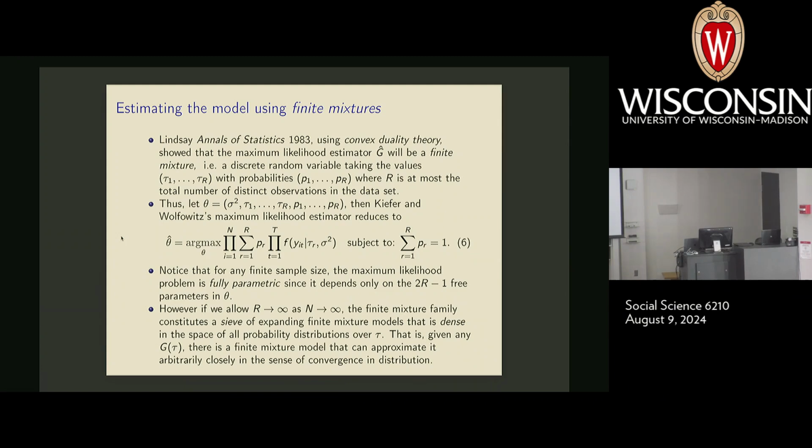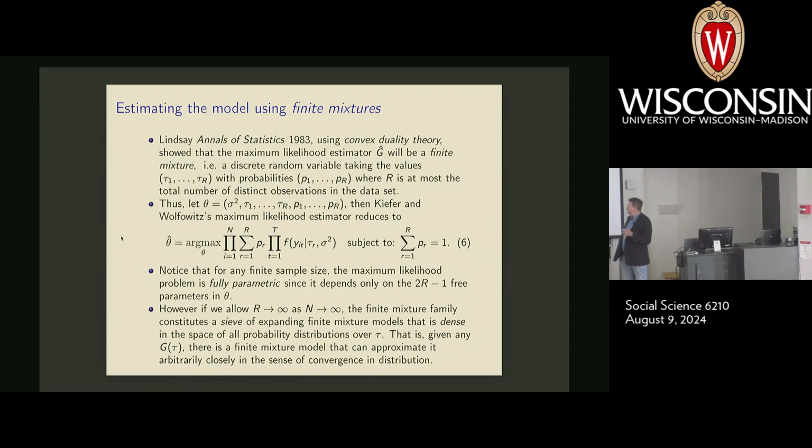Now, what was observed in the Annals of Statistics, by a guy named Lindsay, is that if we directly maximize over this infinite dimensional parameter, the CDF, which could be any CDF, the solution will actually always be a finite mixture. With a finite amount of data, you'll never get a continuous distribution.